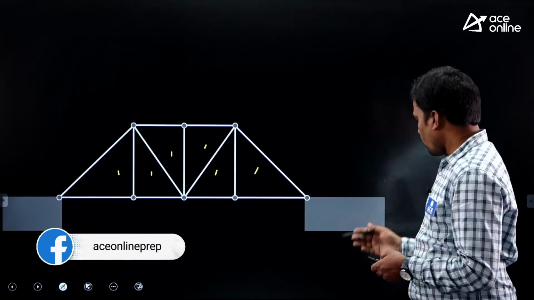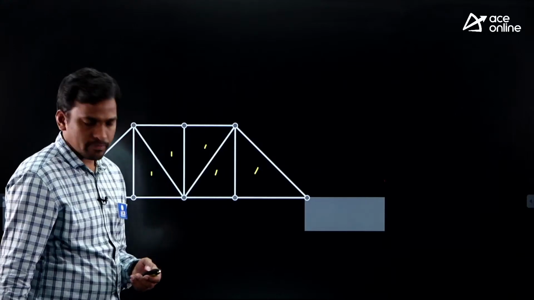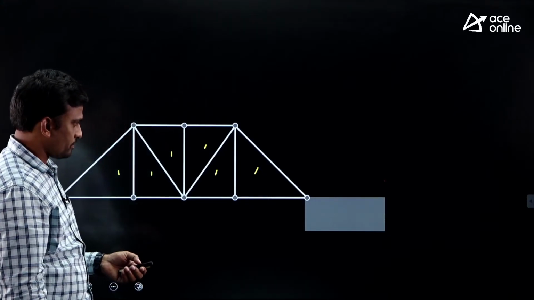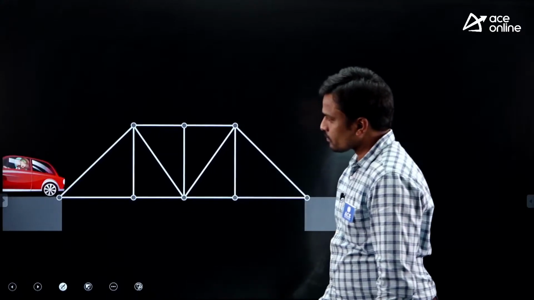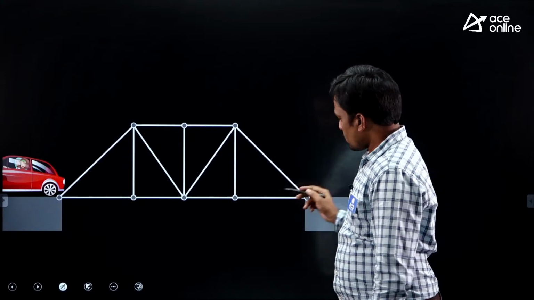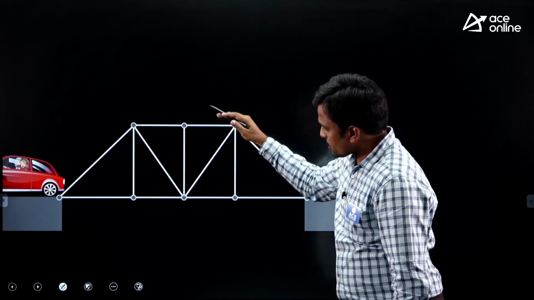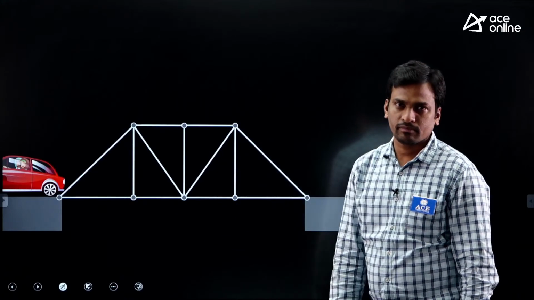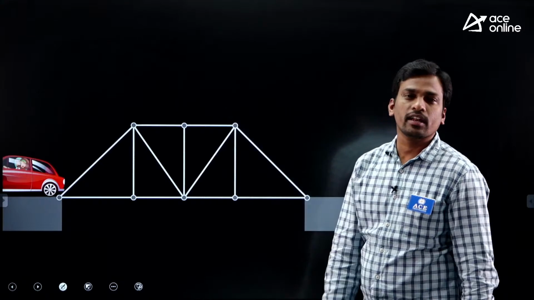Now I'll show one vehicle moving from one end to another end. Now see this. Students, due to this vehicle, this truss has deflected. Then after, does it regain its original position or not?